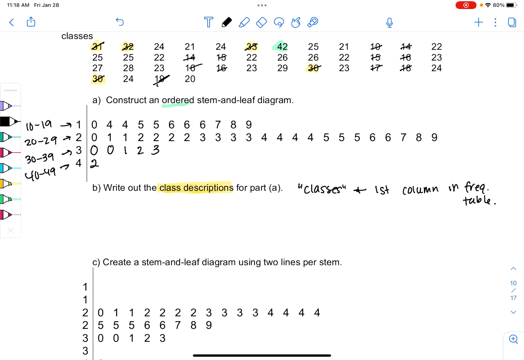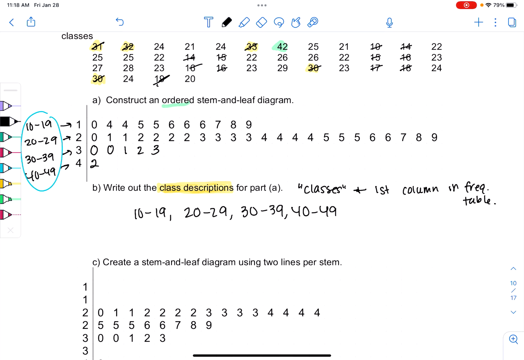We wouldn't put a 1 because we wouldn't understand if 1 meant the number 1 or the number 10. So instead, our class descriptions are these right here. That's what we would put in a table. So 10 through 19 is the description of the first row. 20 through 29 is the description of the second row, and so on, 30 through 39 and 40 through 49.